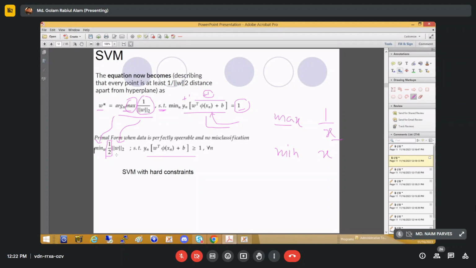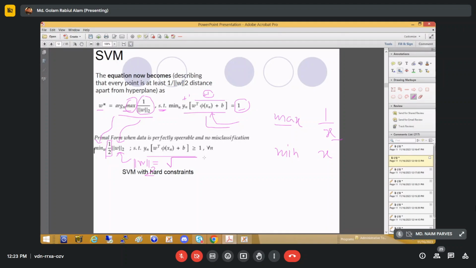Now this W is what? This is actually our Euclidean distance. That is the Euclidean norm, and previously we have seen that this W has norm 2. That's why the 2 is mentioned here. This is called norm 2, and that is the Euclidean norm.